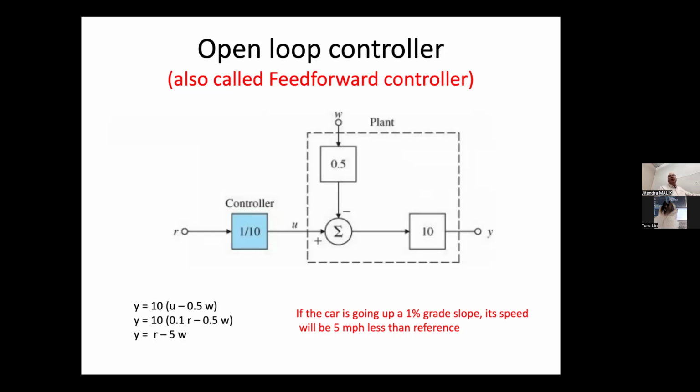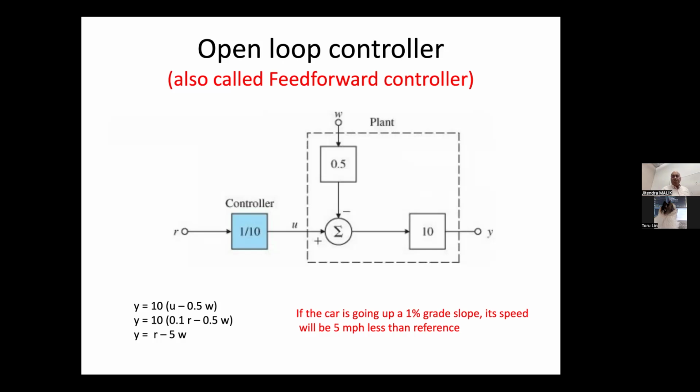So what this is saying is that in open loop control, if there is no disturbance, there is no noise, there is no road slope, it's flat, then the effect of this 5W is 0, and Y is equal to R. That means the car goes at the desired speed, and it's simple. Open loop control is correct. There's no problem.